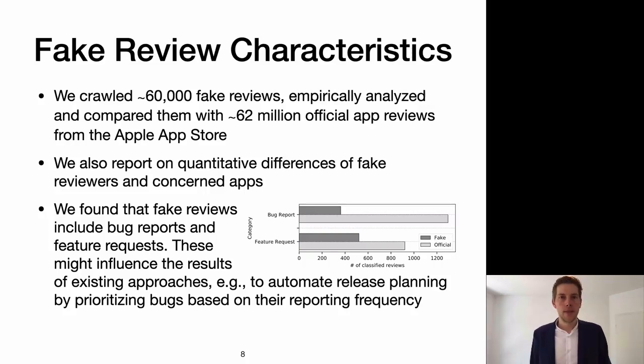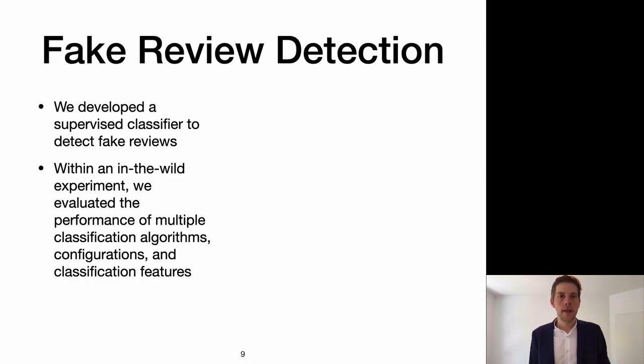With the characteristics, we tried to come up with a solution for the automated detection, and therefore we developed a supervised classifier to detect fake reviews. We conducted what I call an in the wild experiment, where we evaluated the performance of multiple classification algorithms, configurations, and classification features. I call this in the wild because we don't know about the actual distribution of fake and regular reviews within the Apple App Store.